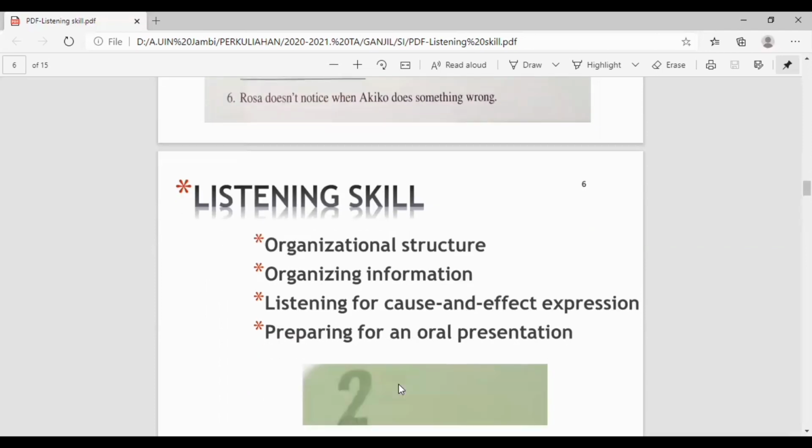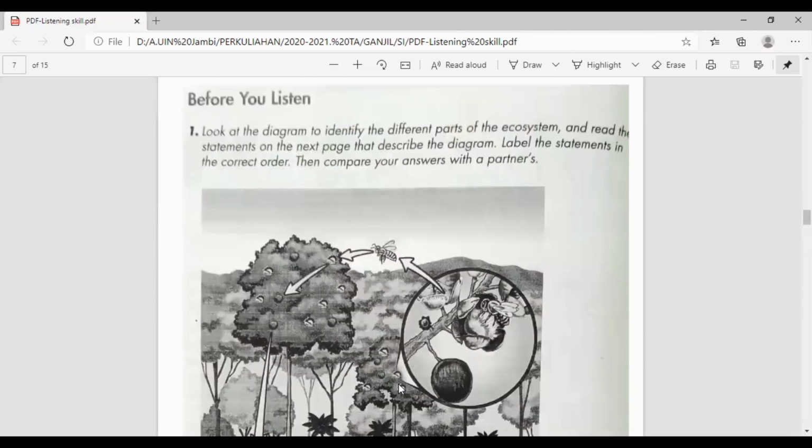Before you listen, everyone, I want you to look at this picture. Look at the diagram to identify the different parts of the ecosystem and read the statements on the next page that describe the diagram. Label the statements in the correct order, then compare your answer with a partner's.